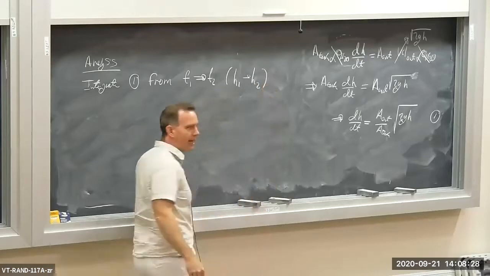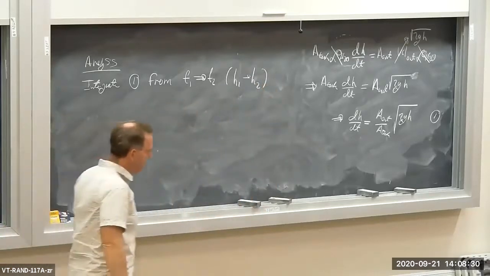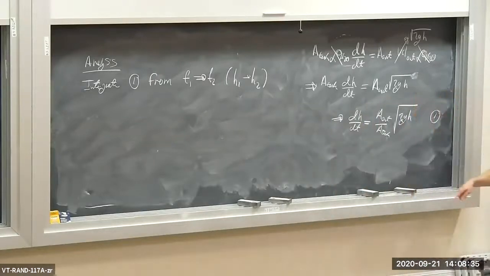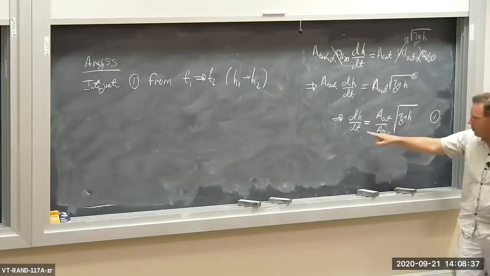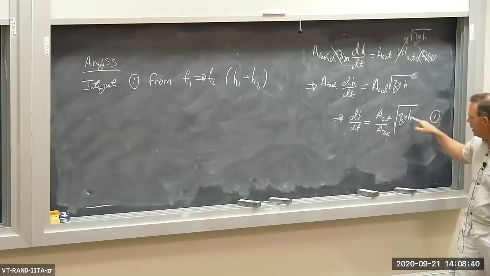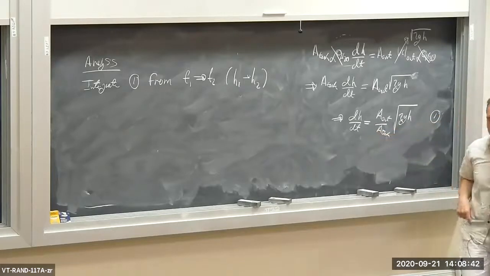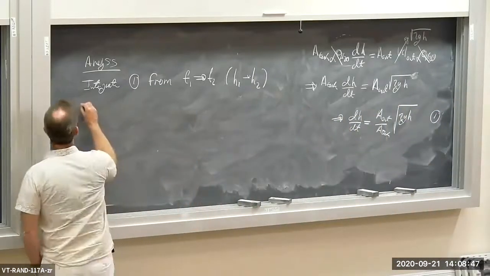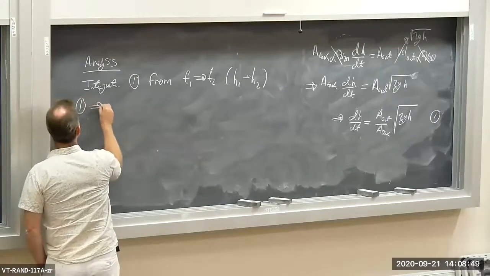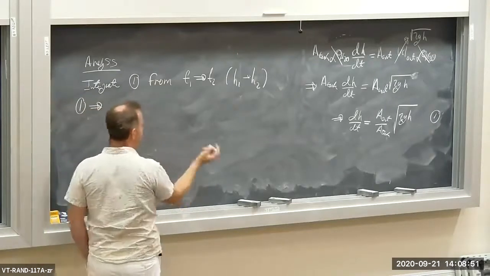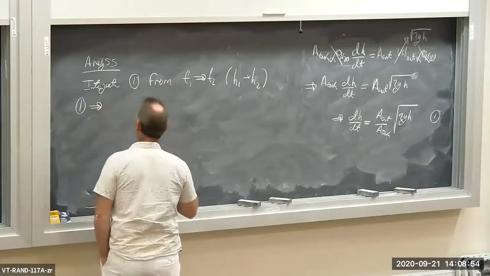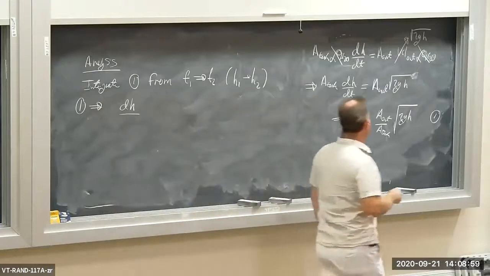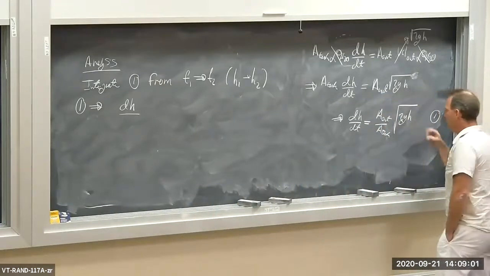Okay, let's integrate. Now, one thing to do here first is I'm going to separate variables. I'm going to take the dt and put it over here, and the square root h and put it over here. So let's rewrite equation 1, and we have the h's on the left and the t's on the right. So dh, and then I'm going to divide both sides by square root h.